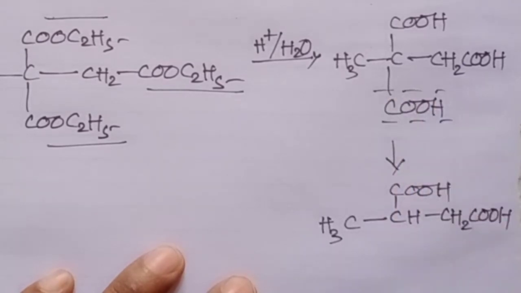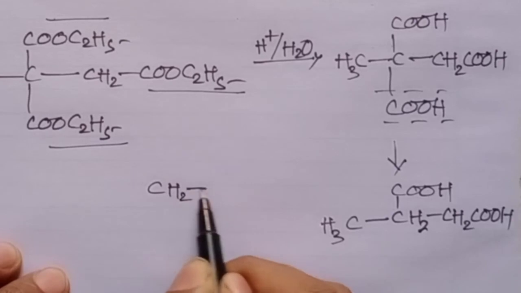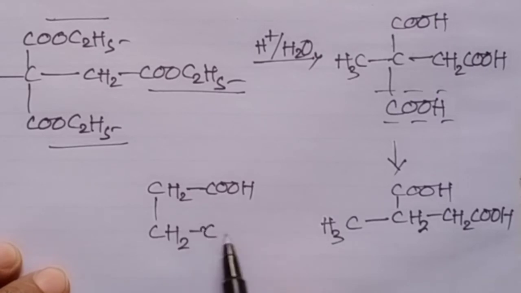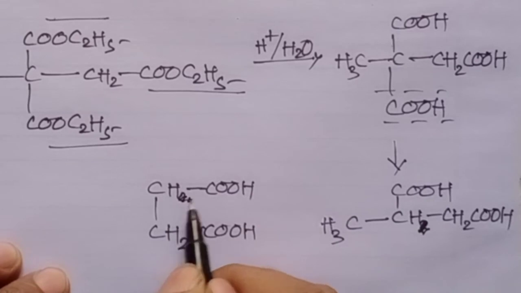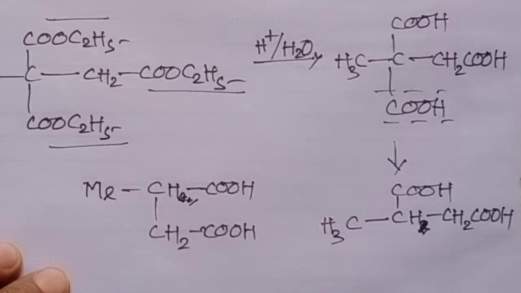Only one acidic group will be removed, and hence this one will be CH2, or simply we can write it as CH2COOH, CH2COOH. Sorry, this one will be only one. So here it is, since methyl is there, so this one is the methyl group.